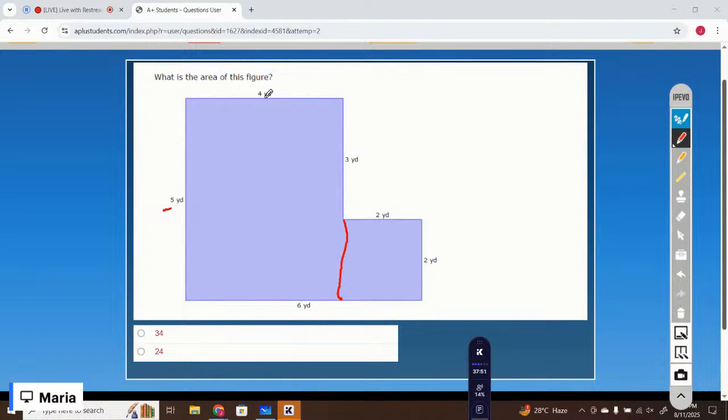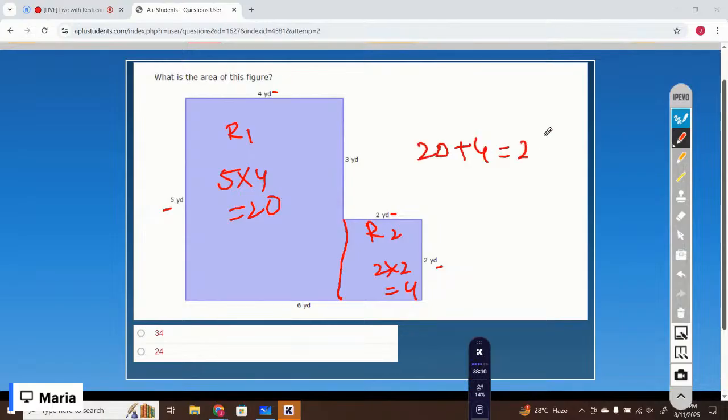So here is the rectangle 1 and here is the rectangle 2. So the measurements of the rectangle 1 are 5 times 4, that is 20. And for the second one, we have 2 times 2 is 4. So for the complex figure, you need to add the two smaller figures. So 20 plus 4 is 24.